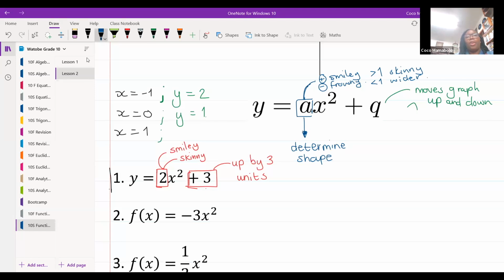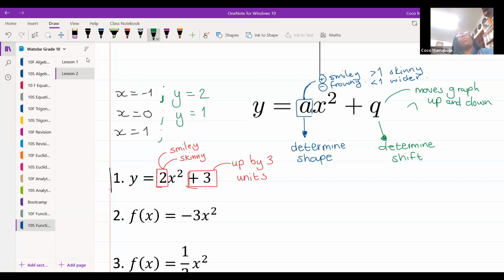And my Q will determine the shift. Determines shift. Okay, shift up or down.